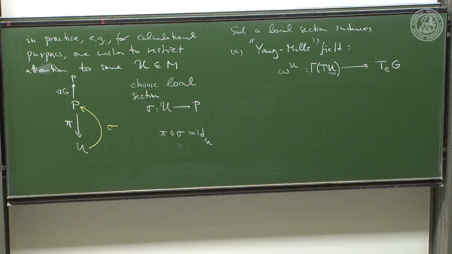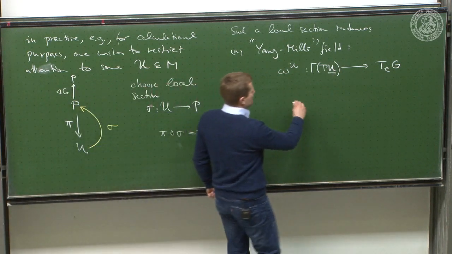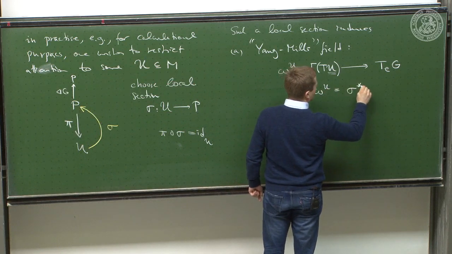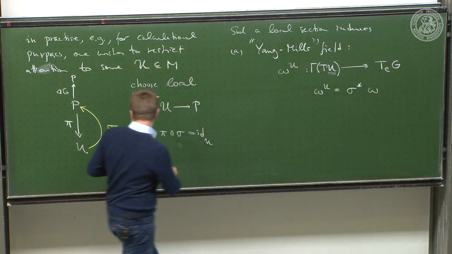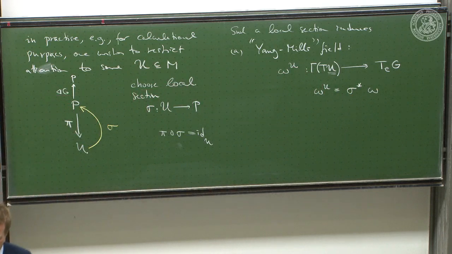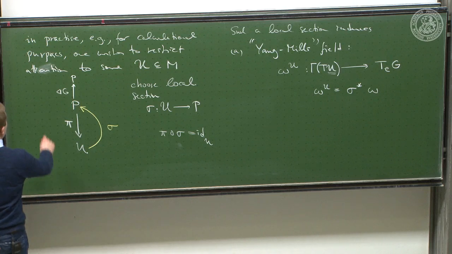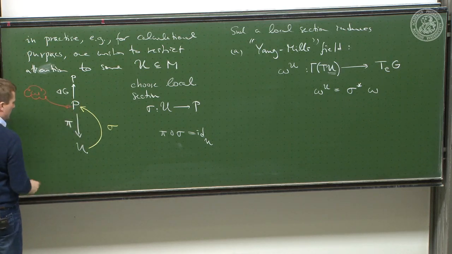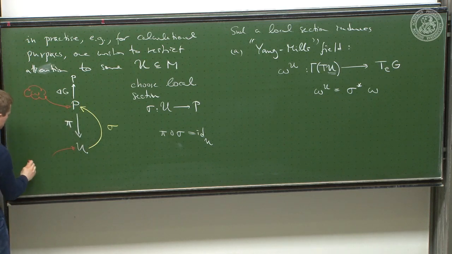So this guy omega U lives somewhere else, namely it's defined as the pullback of the omega that lives here. So this is where the connection one form lives, omega, and here is, of course, where the pullback lives, which we call omega U. That's clear.